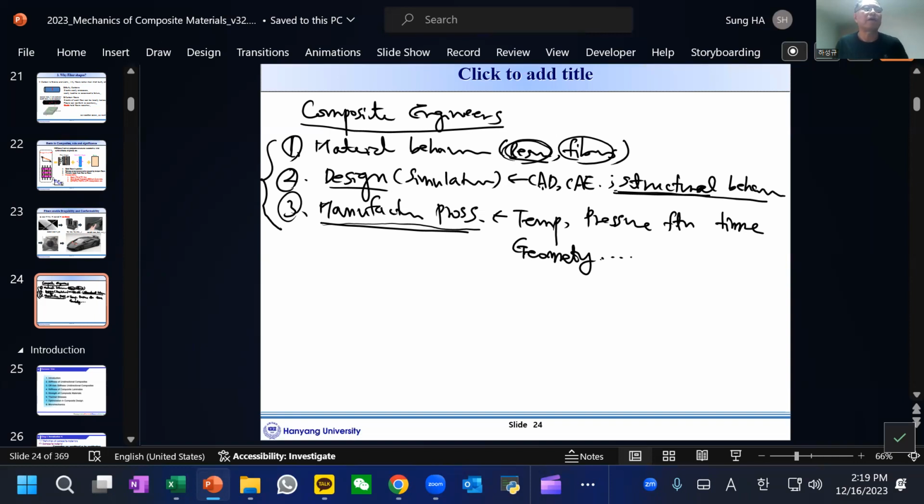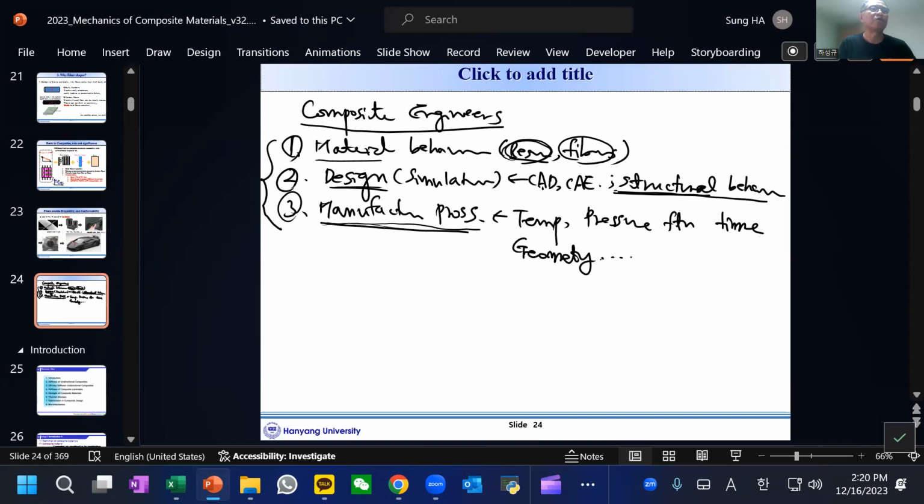So from time to time, you can train yourself or make yourself familiar with these three subjects: material, design, and manufacturing process. Then, if you are able to call yourself a composite engineer, you can make yourself very competitive.